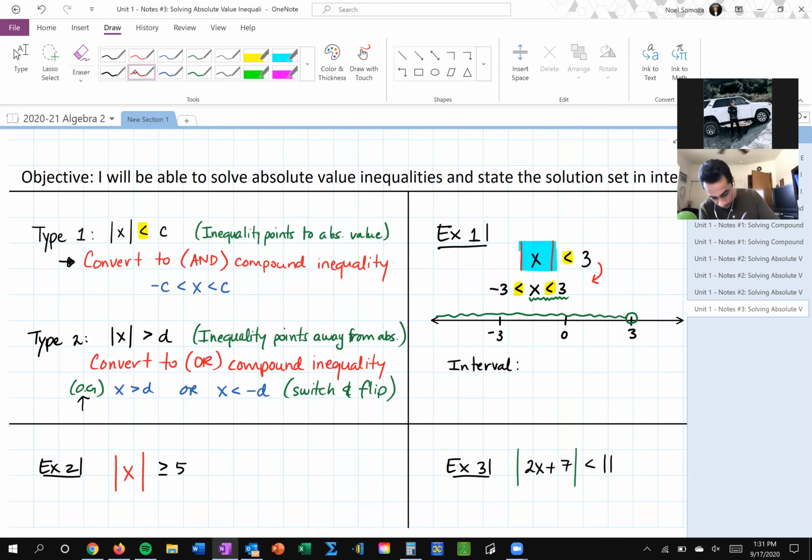And then you have this other inequality right here, which tells us that negative 3 is less than x. We want to read it as x is greater than negative 3. Okay? So, open circle at negative 3, and x is greater than.